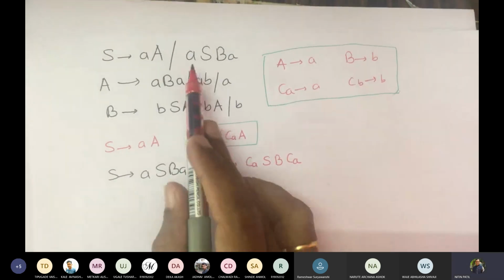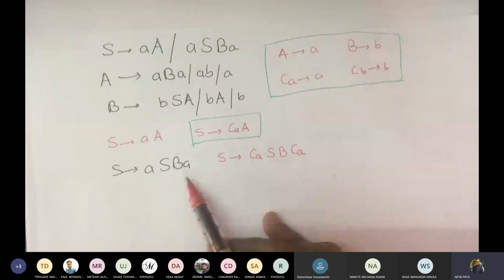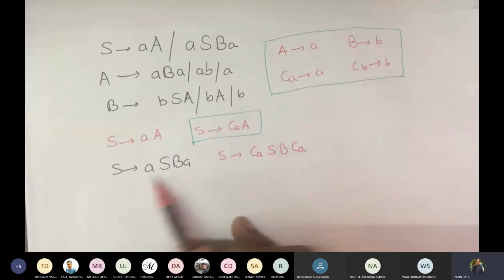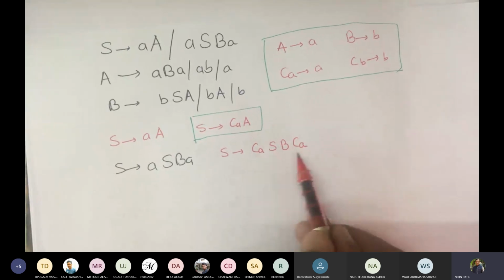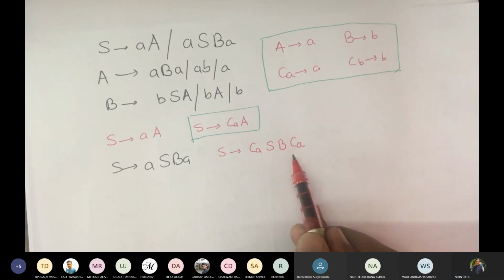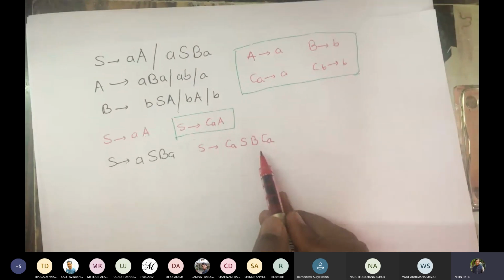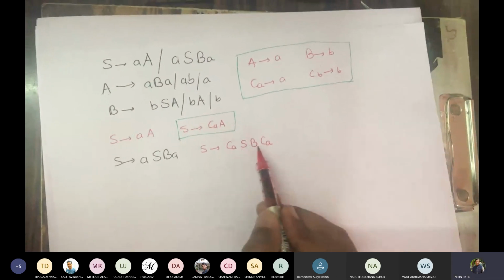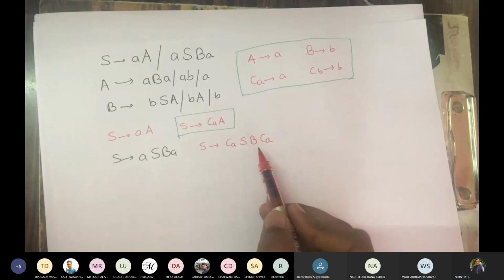What we did: we got a, S, B, a, and I replaced each occurrence of small a by the new variable. So how many variables did we get on the right side? 4. 1, 2, 3, 4. Correct? Are you with me?